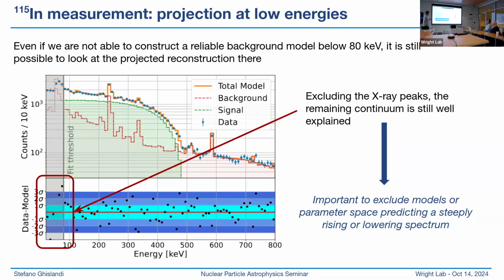The fit is actually done from here, but the threshold of the detector is here. And unfortunately, this is given by the source inside. So we repeat the measurement with the source outside.